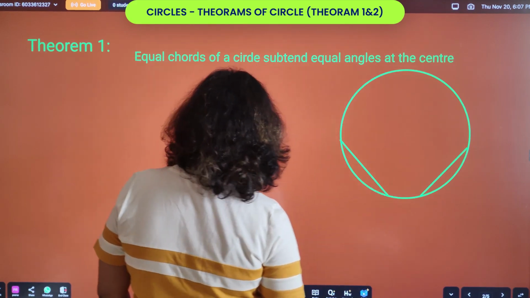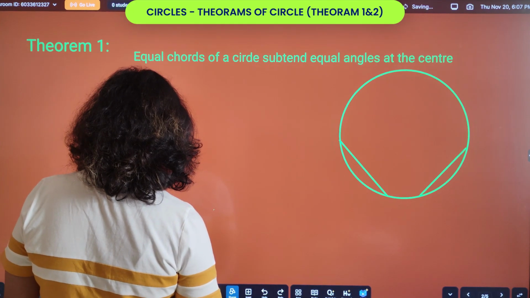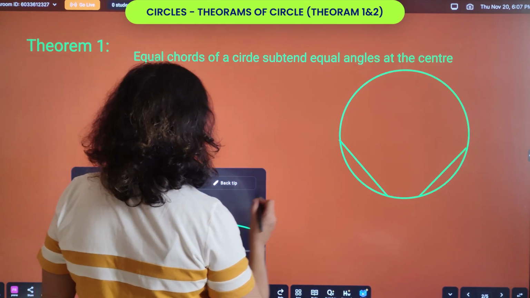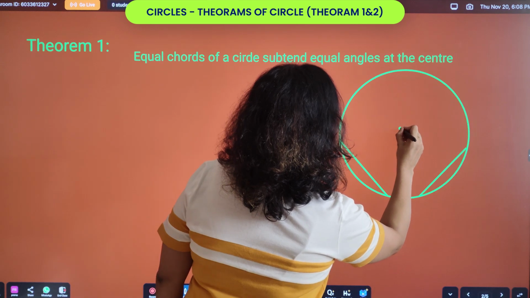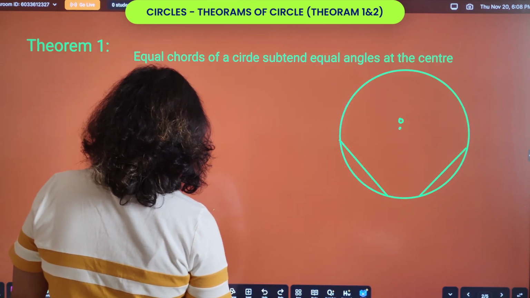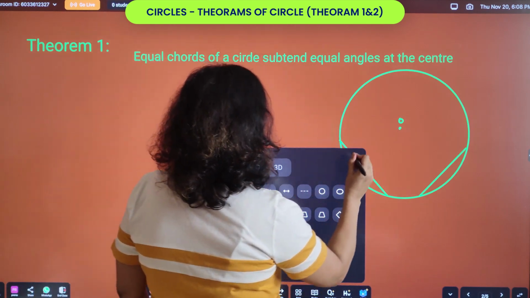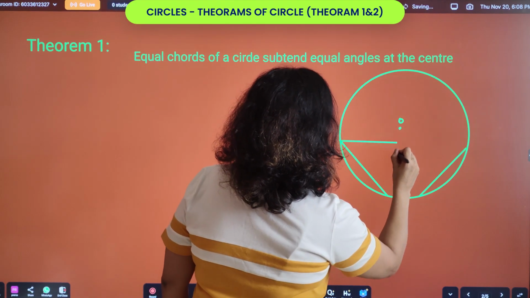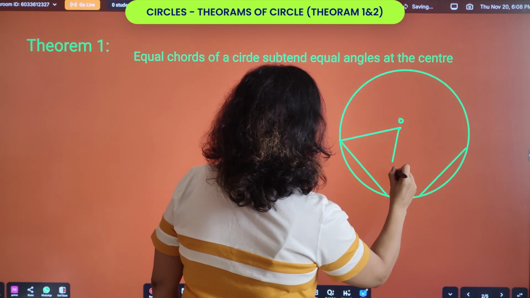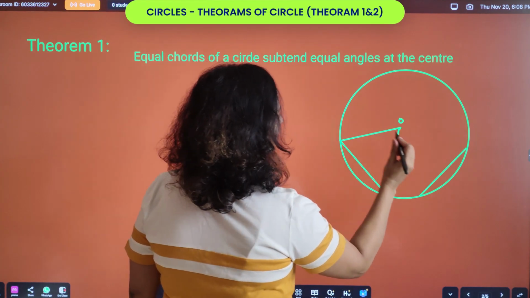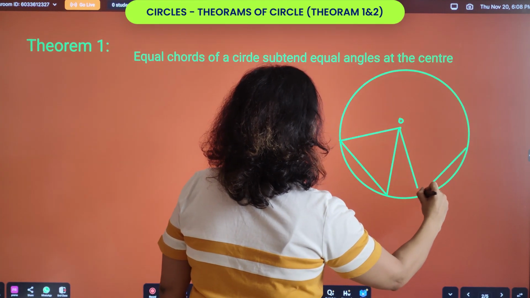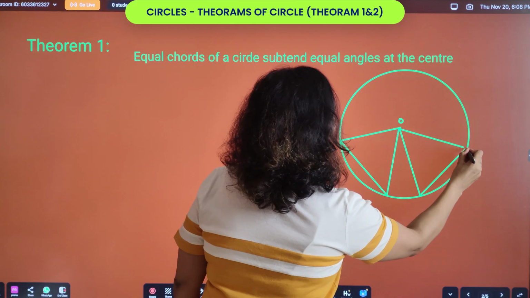If this O is the center of the circle, this chord is subtending an angle with this center, and this chord is also subtending an angle with the center.